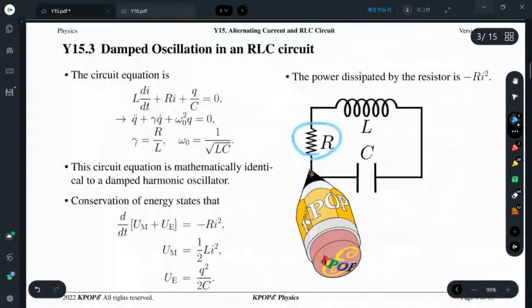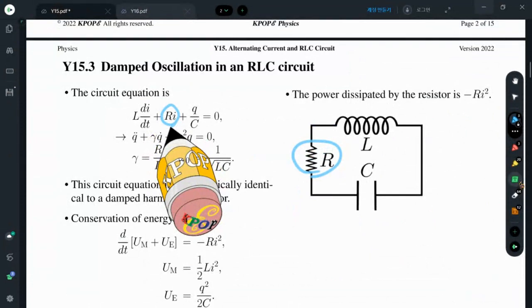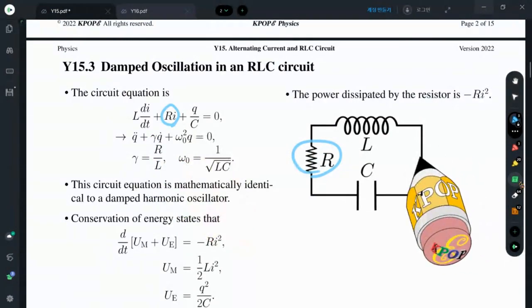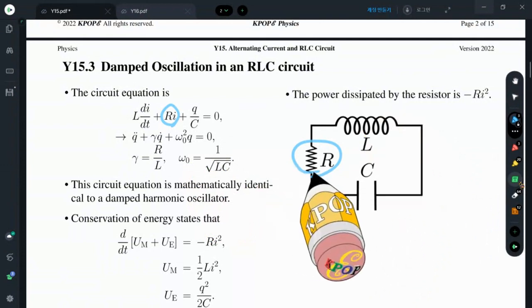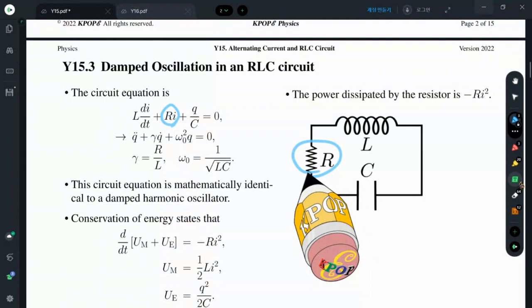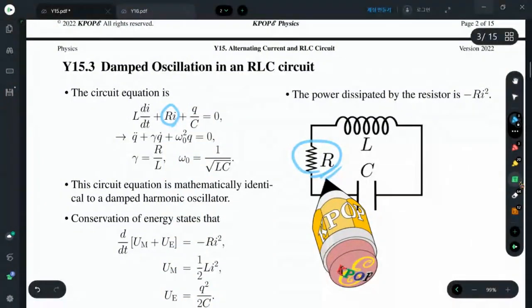However, because the resistor loses some energy as heat, Joule heat, unless there is another power supply, the total electromagnetic field energy decays exponentially due to the resistance.